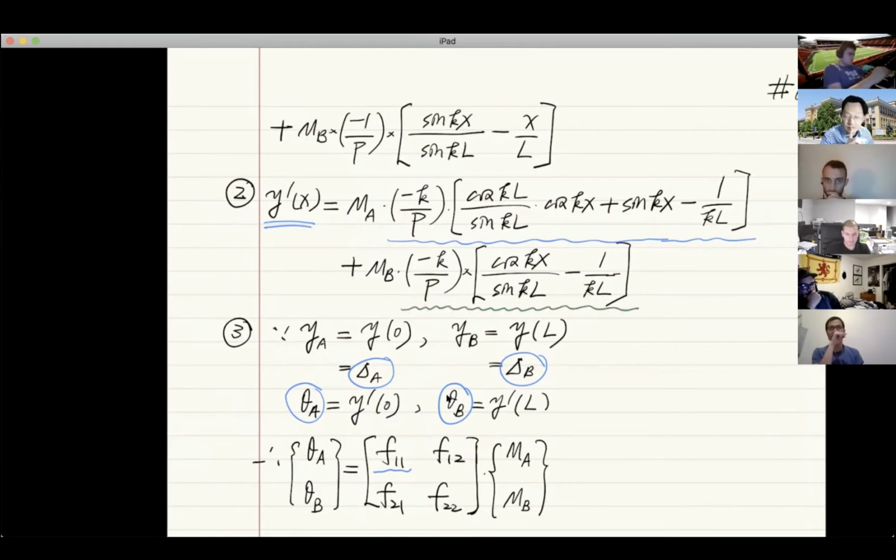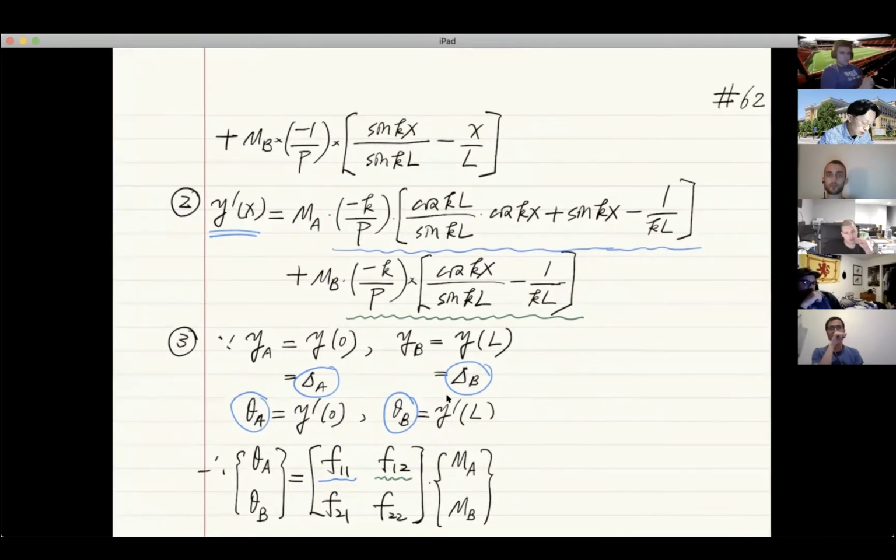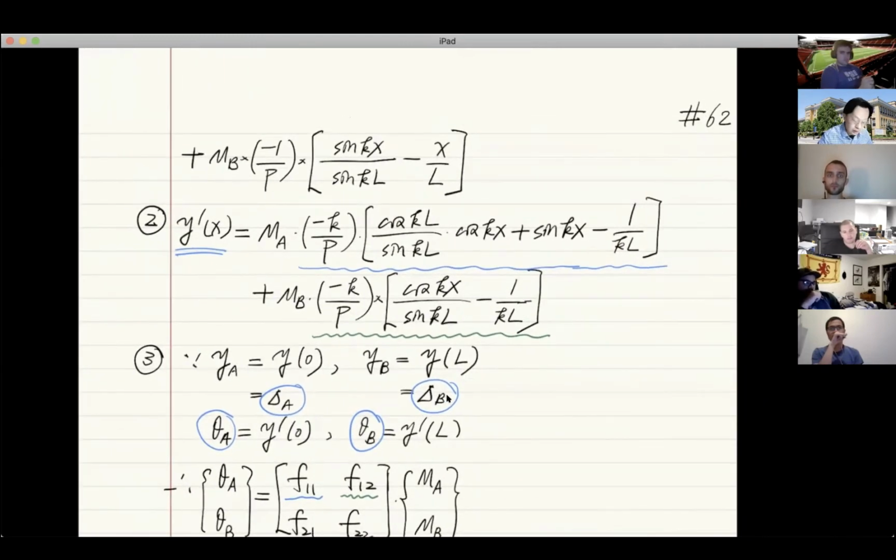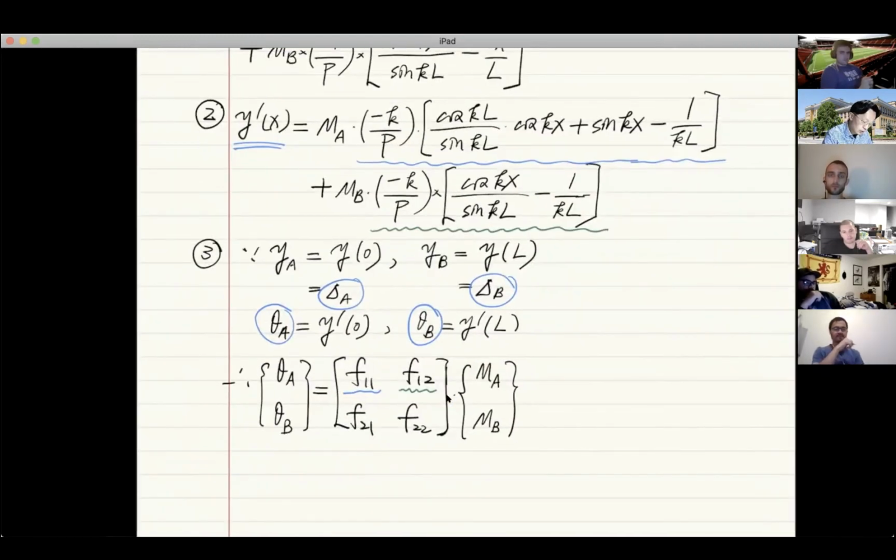That is when you plug in x equals 0. When you plug in x equal to capital L, you get the expression of theta B. And in that case, whatever the coefficient associated with MA will become F21. And whatever the coefficient associated with MB will become F22.